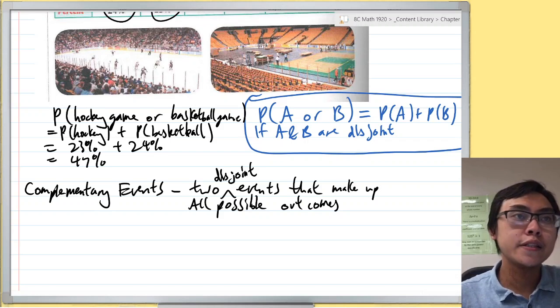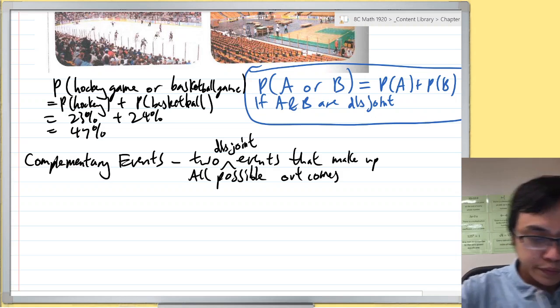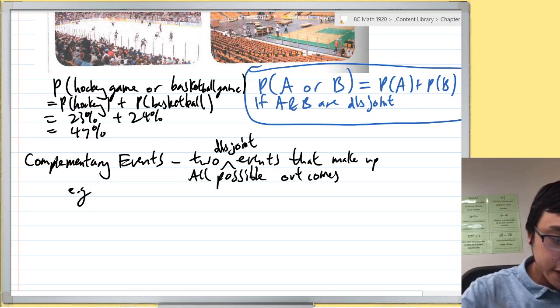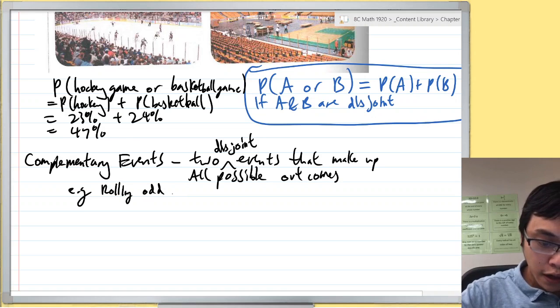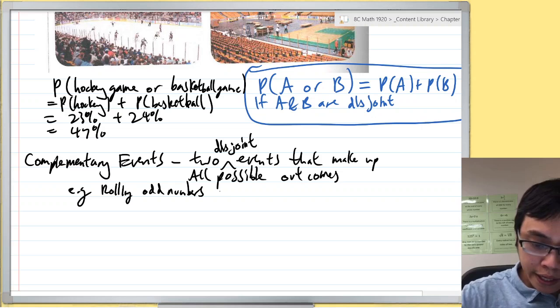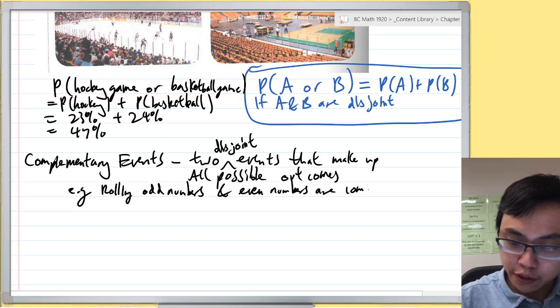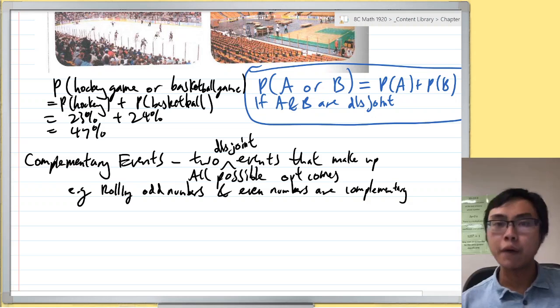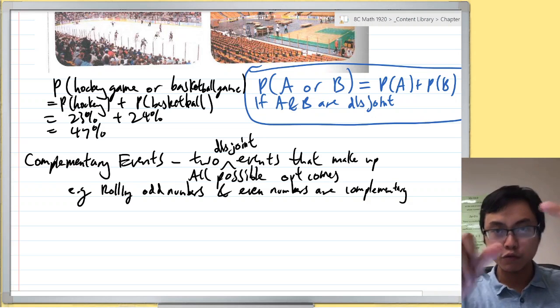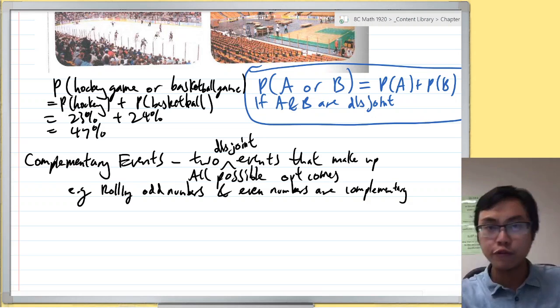That is a complementary event. So for example, in a dice, rolling odd numbers and even numbers are complementary because they make up all the numbers. 1, 3, 5 plus 2, 4, 6 make up all of 1, 2, 3, 4, 5, 6.